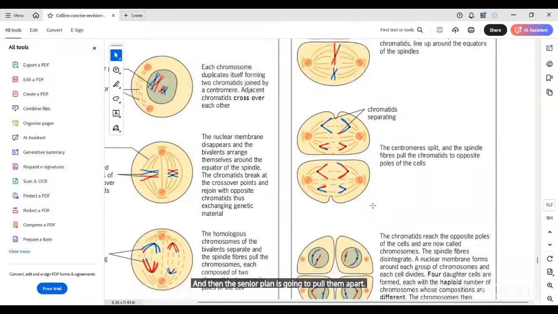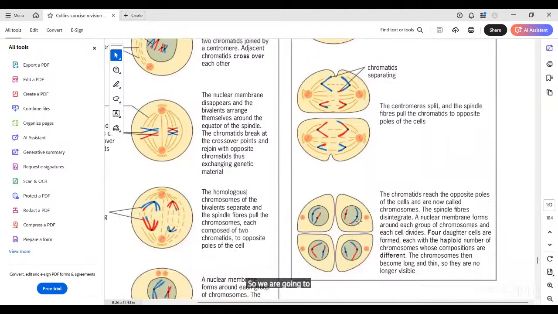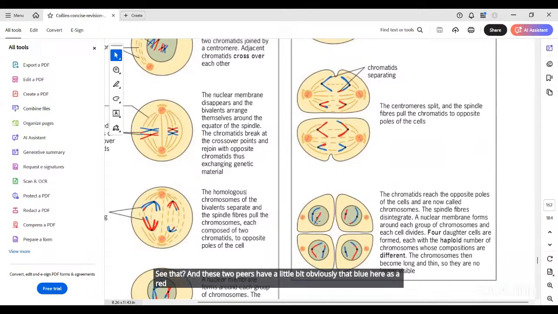So we are going to see that 4 cells are formed with two pairs. See that? And these 2 pairs have a little bit of blue here as a red, and this red here as a blue, so this genetic information is shared.